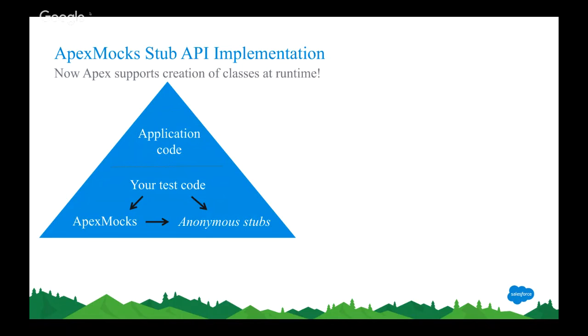This is really powerful because it doesn't require the complicated dependency injection setup. It doesn't require everything to be implemented with interfaces. It doesn't require a more complicated build process to generate and then package these classes. All of this happens at runtime on Salesforce. So it makes things a lot simpler.